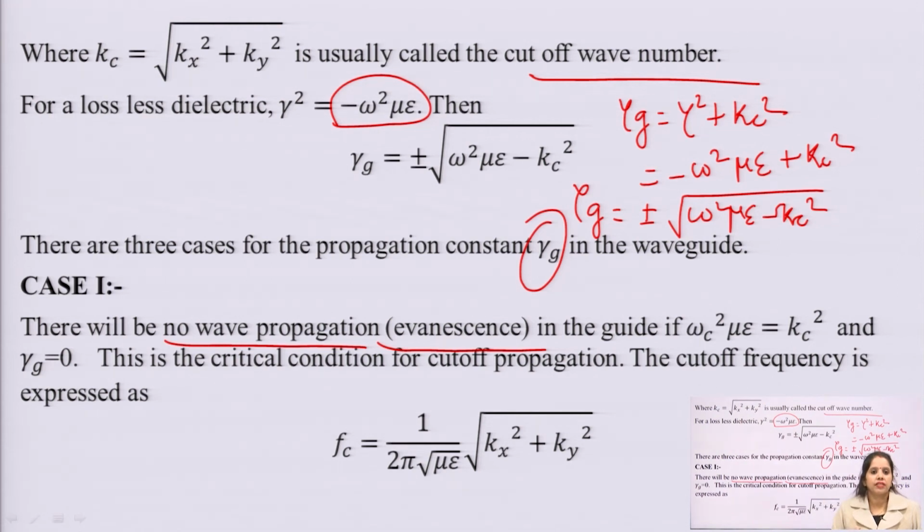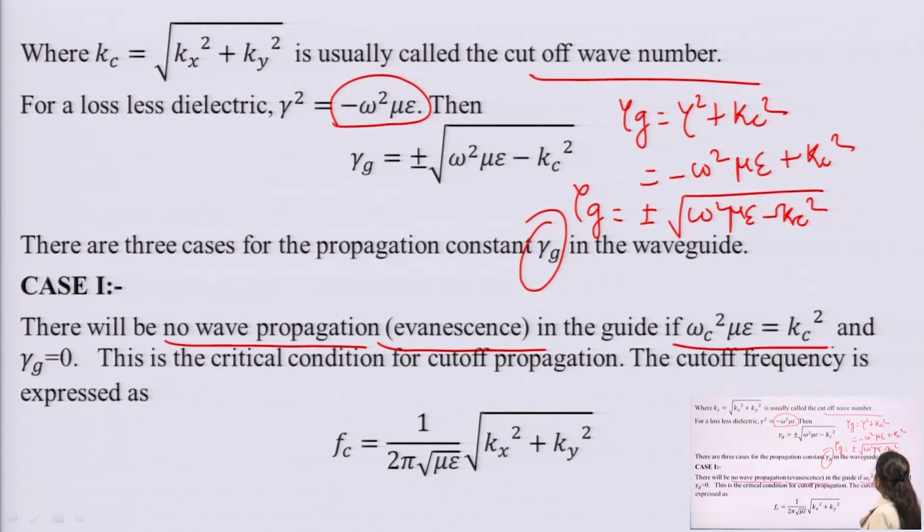If we say our cutoff frequency is 5 gigahertz, that means all the frequencies above 5 gigahertz will be allowed inside the waveguide, and all the frequencies below 5 gigahertz get attenuated. So, the cutoff frequency plays a very important role in determining all the conditions, and it is calculated by the condition of the evanescent mode.